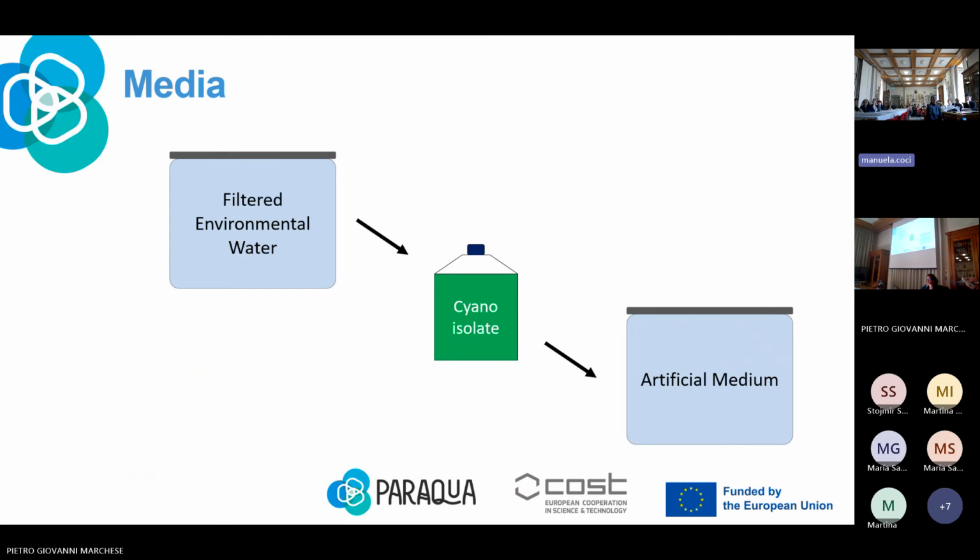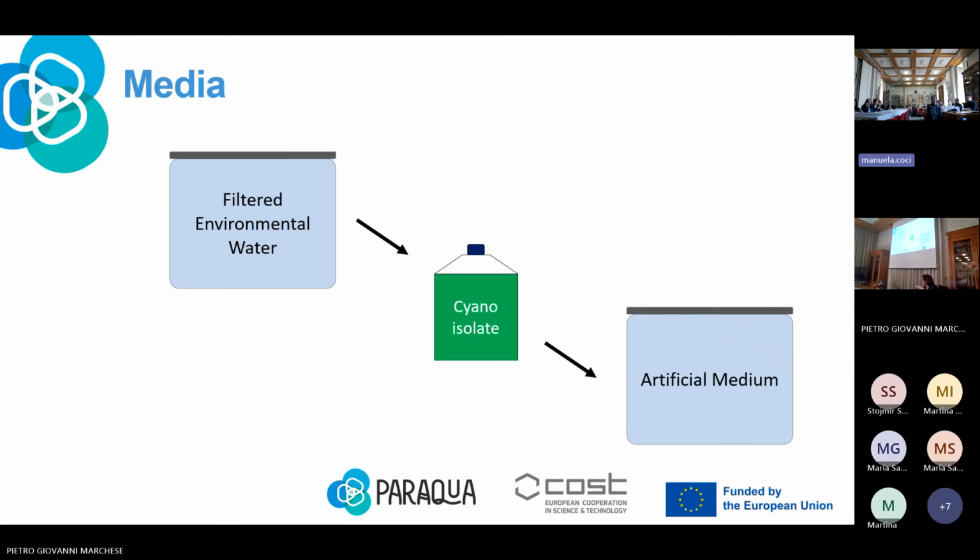So at the beginning, when we have our fresh sample from nature, it's good not to give a big shock to our organisms. So it's recommended to use filtered environmental water as a first stage of cultivation of our isolates.